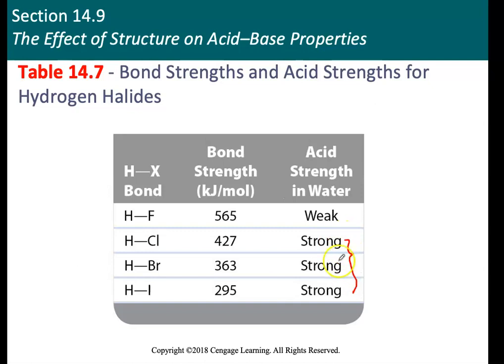This one at the bottom is strong, this is weak. One of the reasons is that because of this strong bond, it's not easy for the water to break this bond up. So the hydrolysis, or the breaking of that acid, is not as easy compared to these ones here.